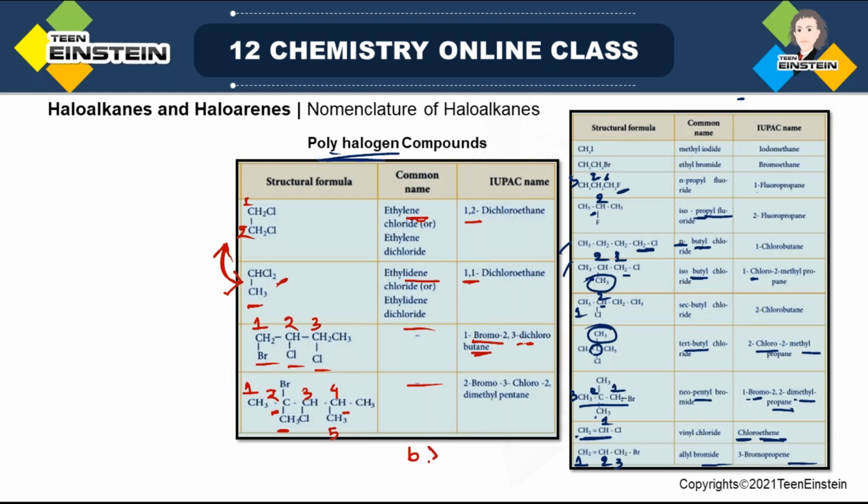So B will come before C, C will come before M. That is why 2-bromo first, then 3-chloro, and methyl at both the 2 and 4 positions, so 2,4-dimethyl. The longest chain contains a total of 5 carbons, so without giving any gap, it will be pentane. Again it is ending with -ane because it is an alkane derivative. There is no C=C double bond.